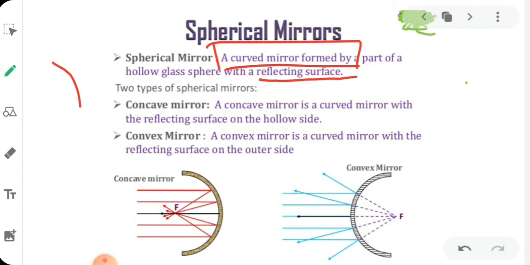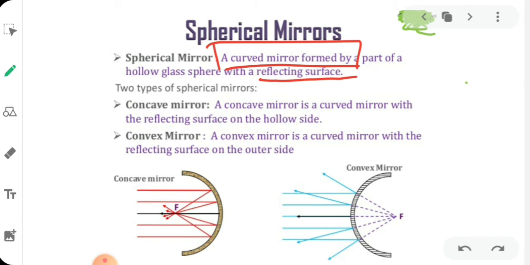Suppose this is the glass. If the reflecting surface is on one side and the other side is coated, suppose here the reflecting surface is from outside, then the inner one is the coated one. So in this manner, we lastly talked about what a concave mirror and a convex mirror are.